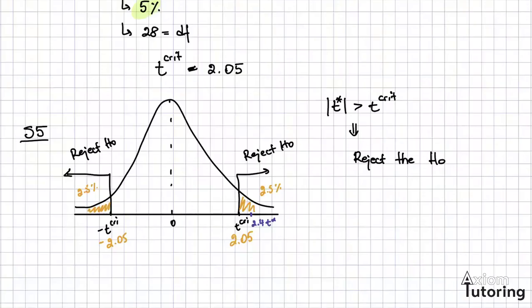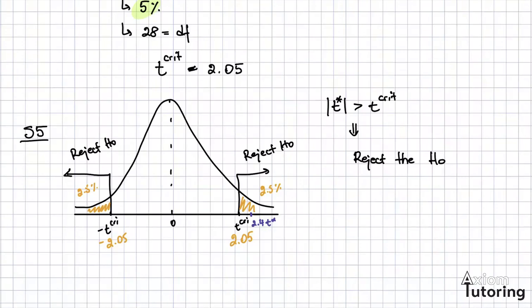What that means is that we have enough evidence at the 5% level to reject it. So the estimate is too extreme to be explained by randomness alone.